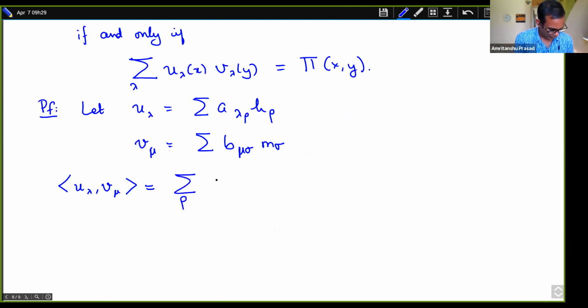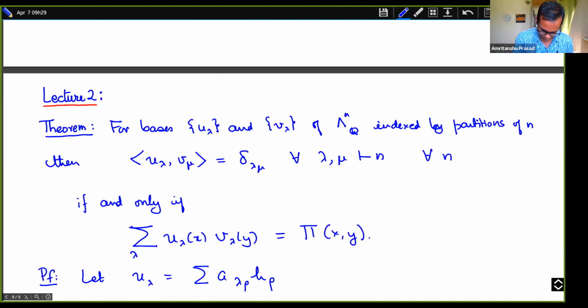We get u lambda v mu is equal to a summation over rho and sigma of a lambda rho b mu sigma, times the inner product of h rho and m sigma. What we know is h rho and m sigma are dual bases, so the only terms that survive are when rho is equal to sigma, and so we get the summation over rho of a lambda rho b mu rho.